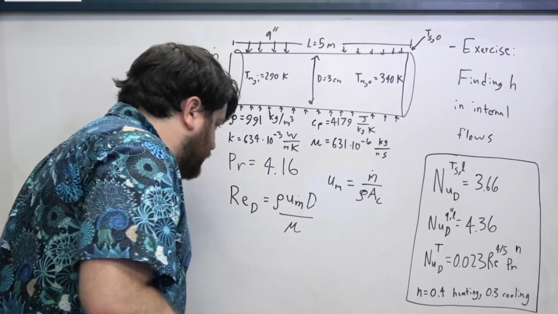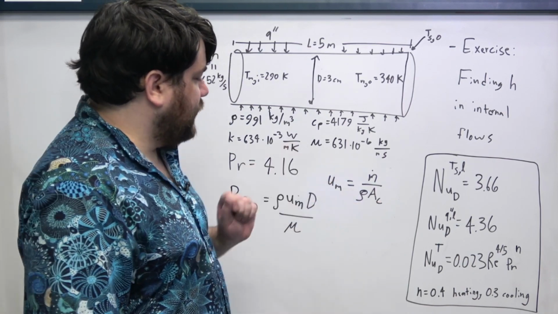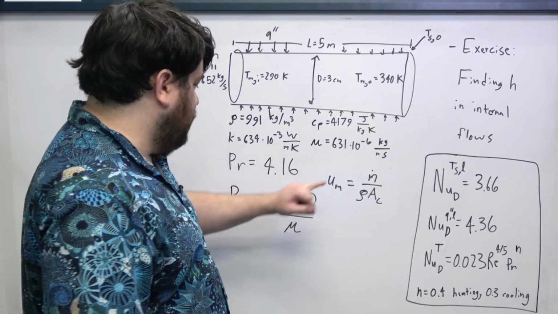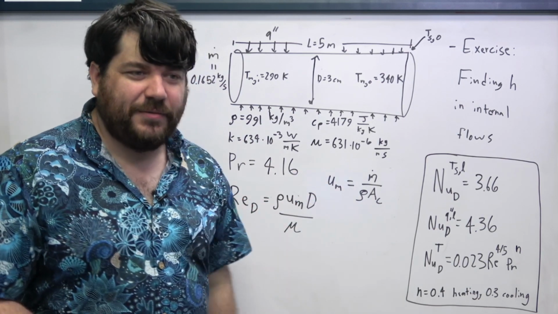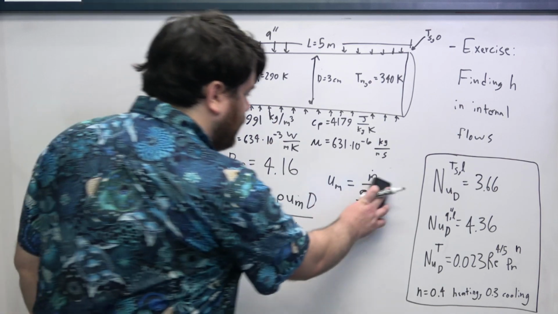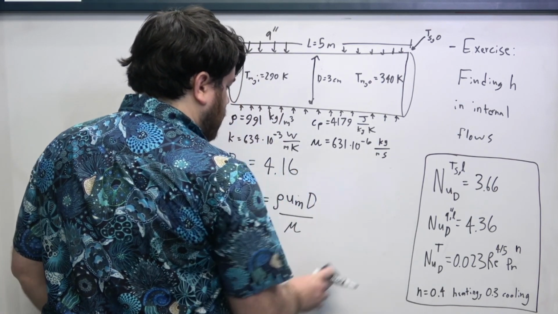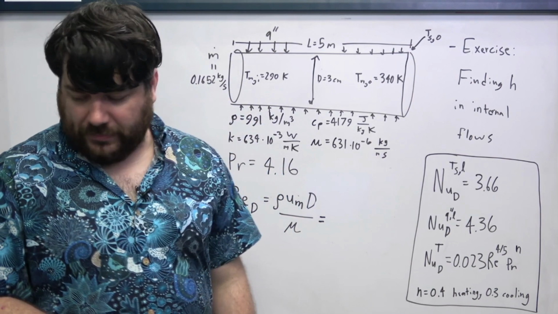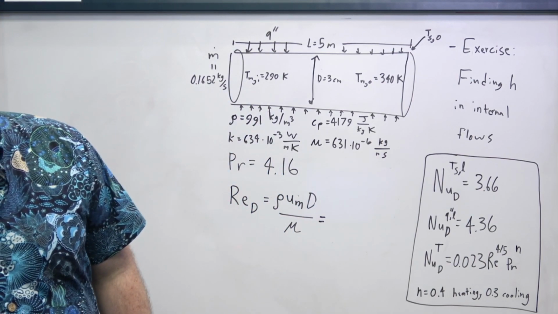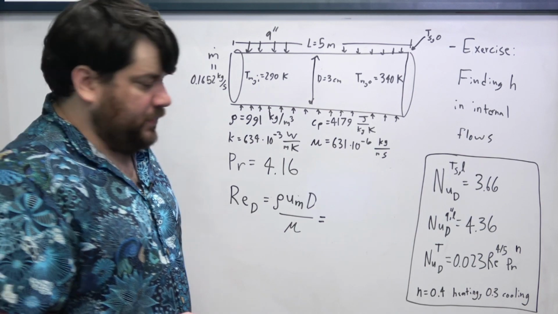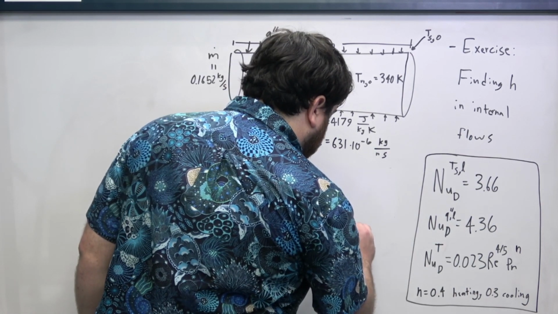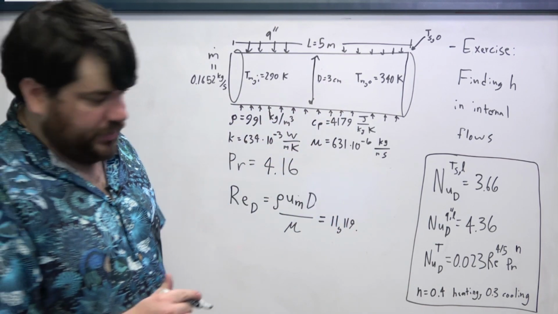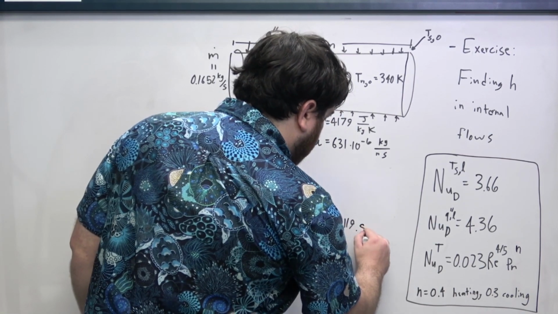Right? So we know the cross-sectional area because we can find it. We know the diameter, we know the density, we know the mass flow rate, we know the dynamic viscosity, so we're all set. We can calculate the Reynolds number. We've got it. Once again, saving you math, the Reynolds number that we eventually find for this system is about 11,000. 11,119.84.